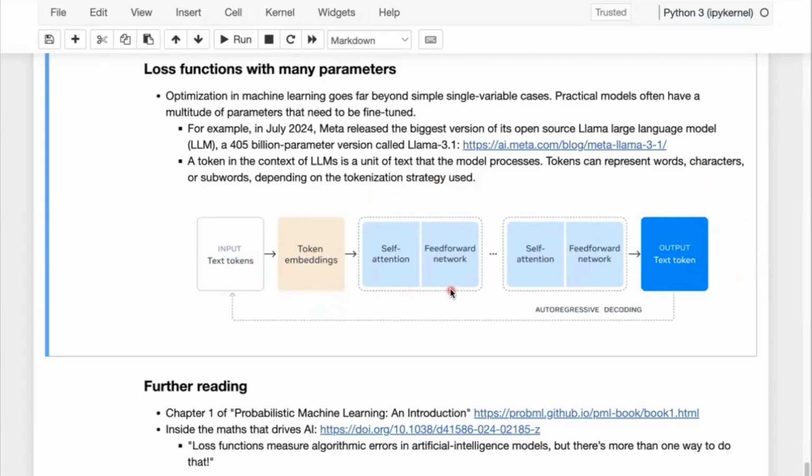For example, in this case, they're using feed-forward neural networks, and that's one of the most basic types of neural networks that we cover in this course. So this is just to show you some of the differences between what we cover here and some really state-of-the-art machine learning systems. And at the same time, I want to show you that a lot of things that we cover in this course are actually very much applicable.